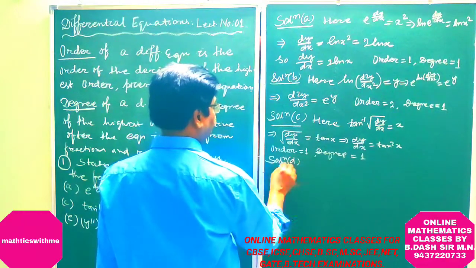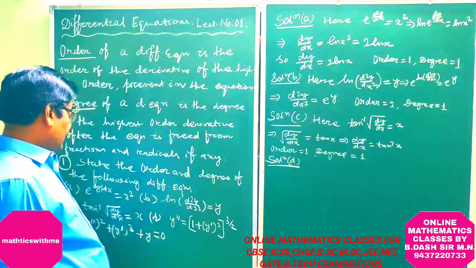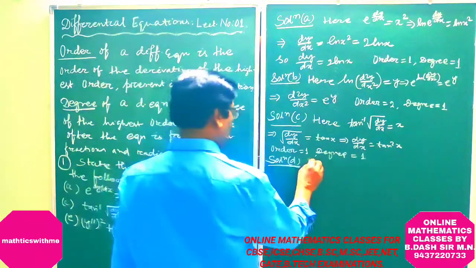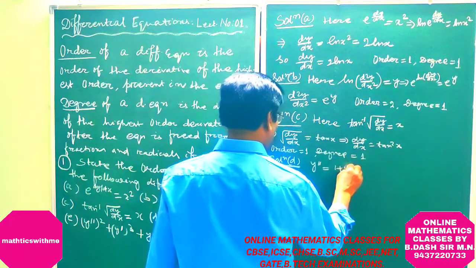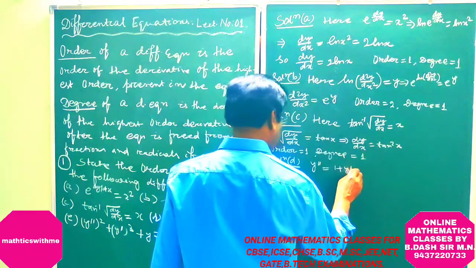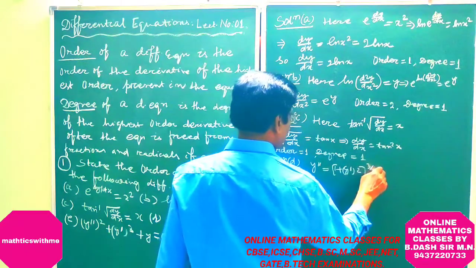Now solution for question number D. Here y double dash is equal to 1 plus y dash square whole to the power 3 by 2.